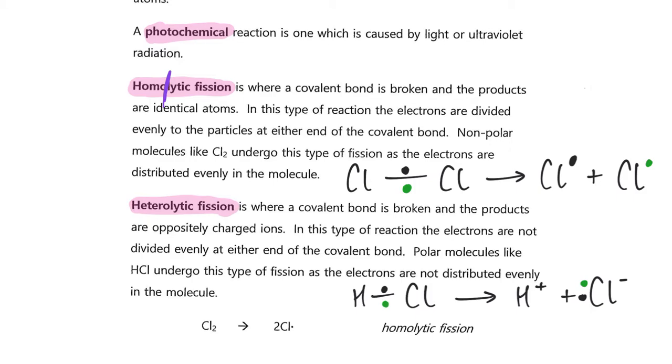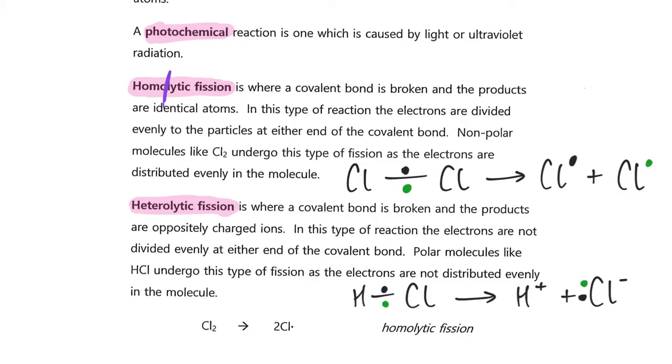If we were to look at that in a molecule of hydrogen chloride, this is a polar bond, a polar molecule, and so chlorine has a greater pull on the shared pair of electrons. It's more electronegative. So when this bond breaks, it does so heterolytically, and the chlorine atom takes both of the electrons and the hydrogen doesn't get any of them.